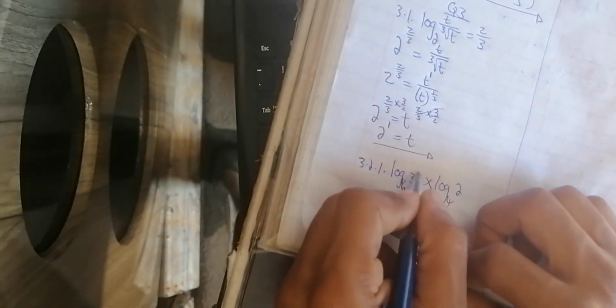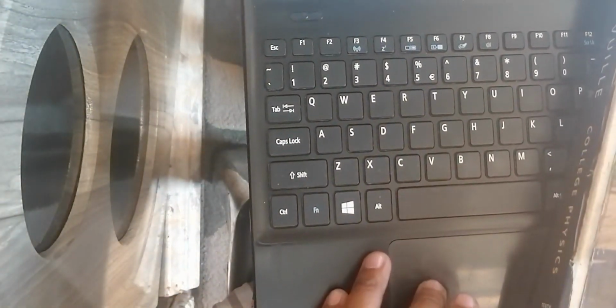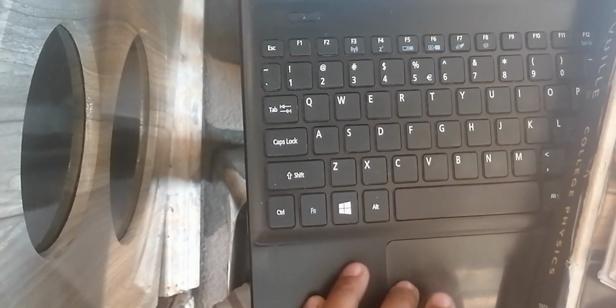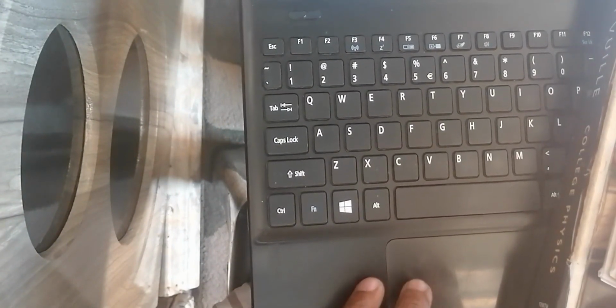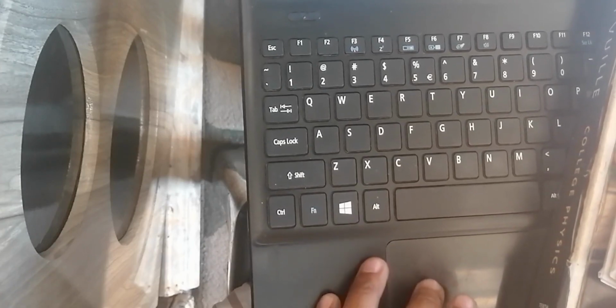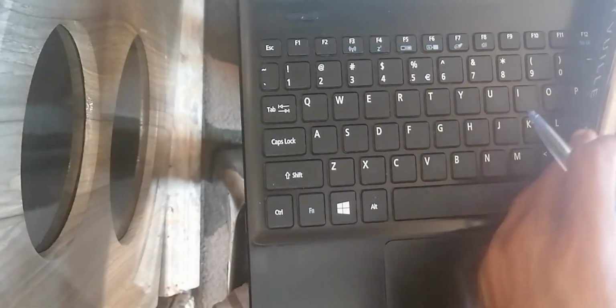So what can I do with this? Now I'm having log subscript 16. Now 32, let's go and look at 32. Now 32 equals, that is 2 to the exponent of 5.